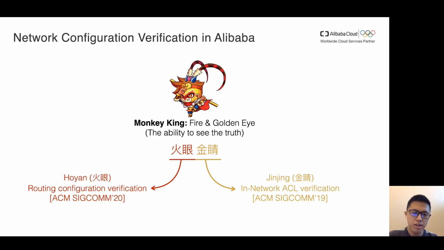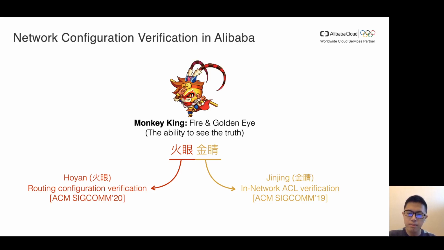In order to prevent the incidents resulting from network misconfiguration, Alibaba decided to adopt network verification techniques as an automatic and systematic way to proactively audit our configurations and prevent configuration-induced incidents ahead of time.